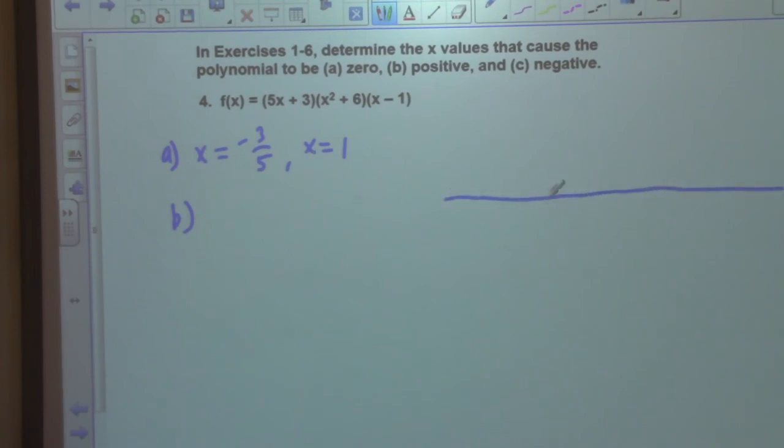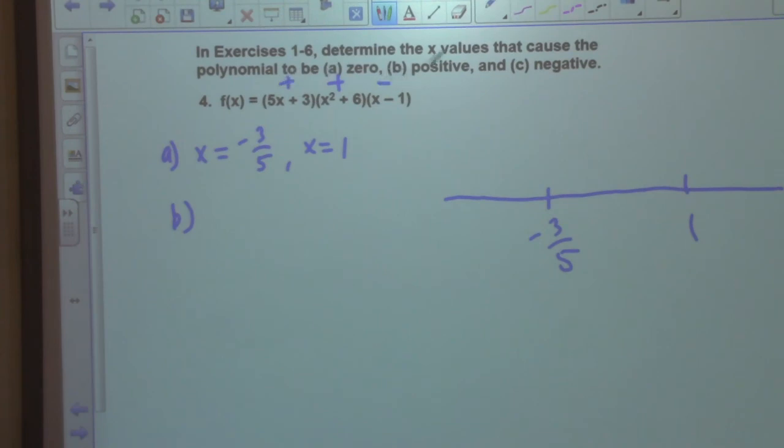Okay, we got negative 3/5 and 1. So this is always going to be positive, right? Where it's not, it's always going to be positive. This one right here, to the left, we're going to have negative times a negative, right?